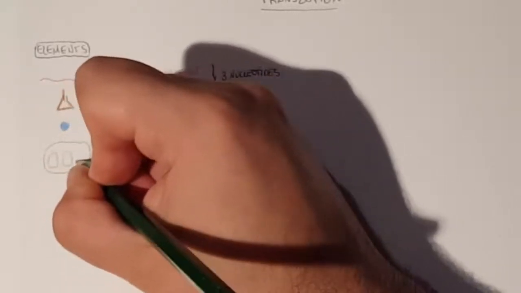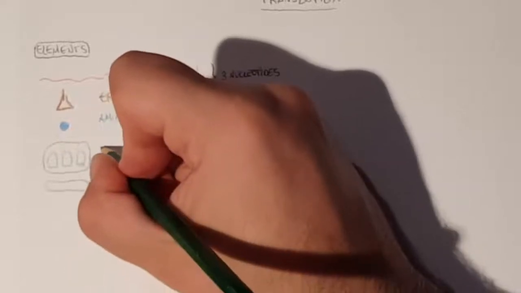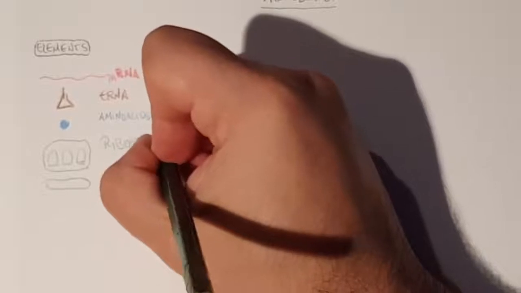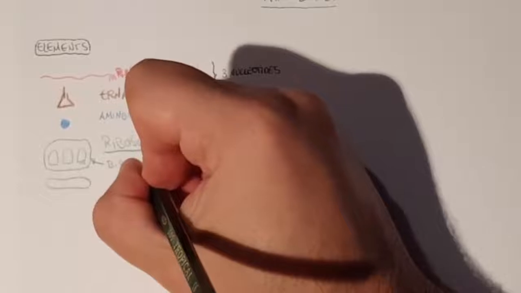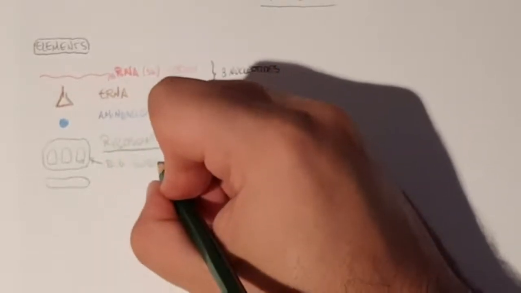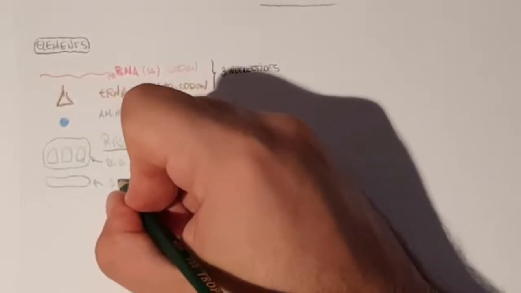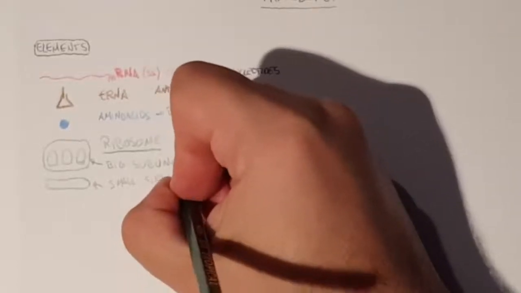The ribosome is going to have 3 sites and 2 subunits. So this is a ribosome. It's going to have a big subunit, and then it's going to have a small subunit.